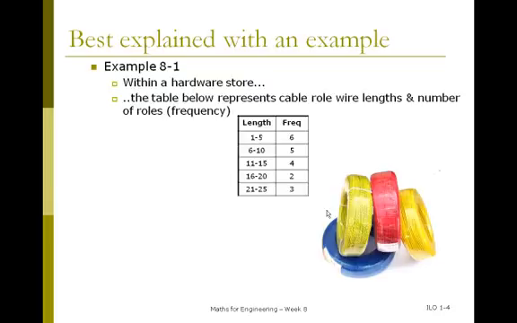So here we have the table. There are different lengths between 1 and 5 meters, 6 and 10 meters, 11 and 15 meters, 16 to 20 meters, and 21 to 25 meters. And listed on the right column is the frequency, or the number of rolls of each cable length.